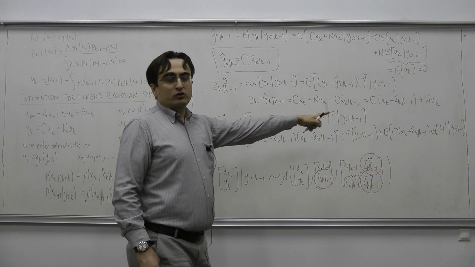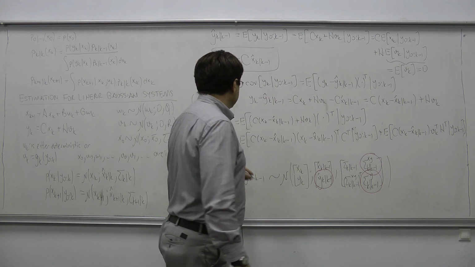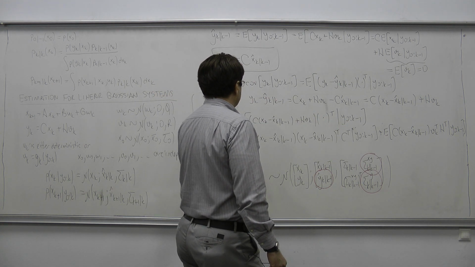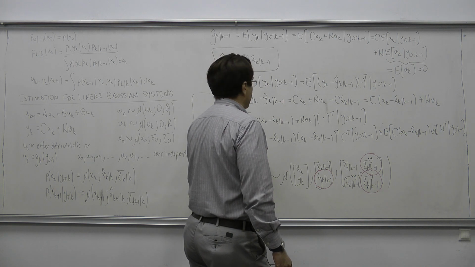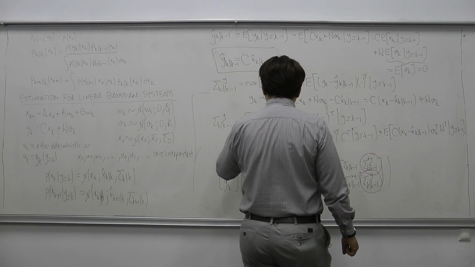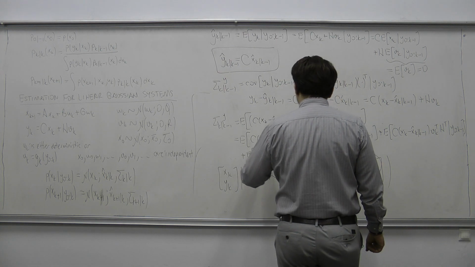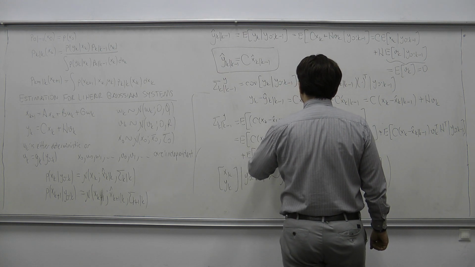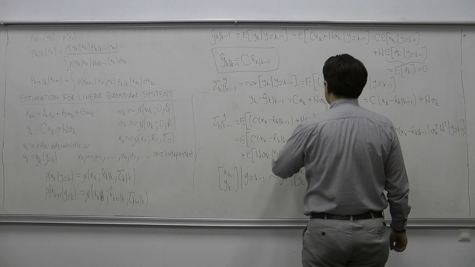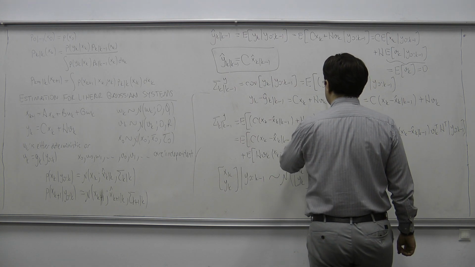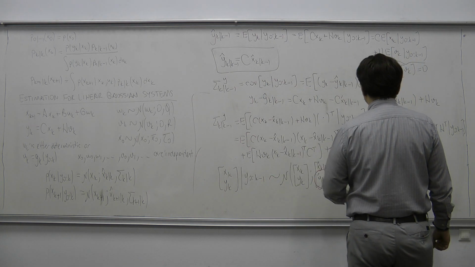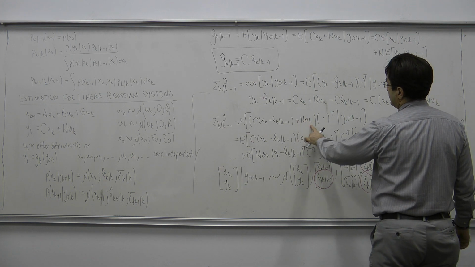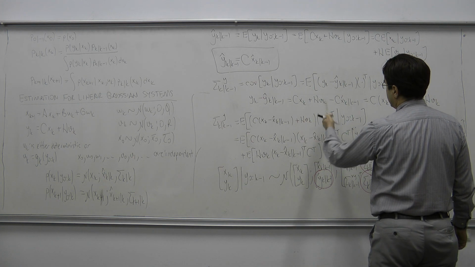The next term is going to be the transpose of that, plus the expected value of H v_k times (x_k − x̂_{k|k-1})^T C^T, plus the last term, the multiplication of this one with its transpose.